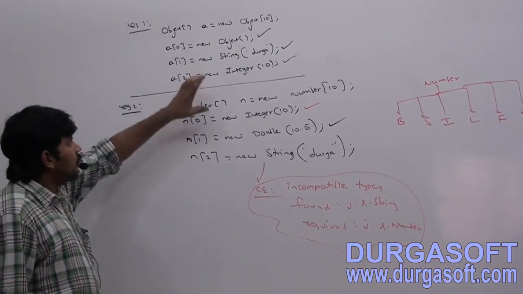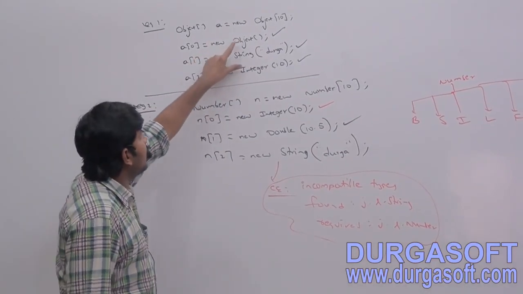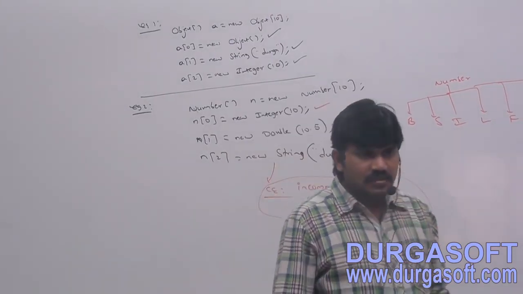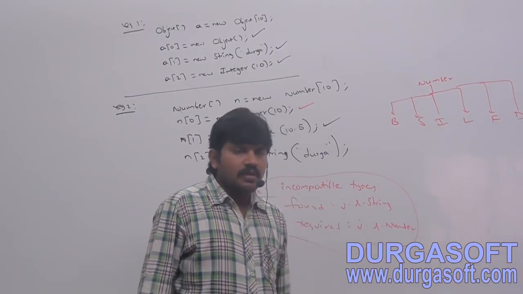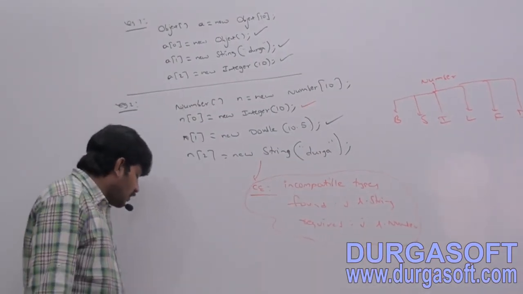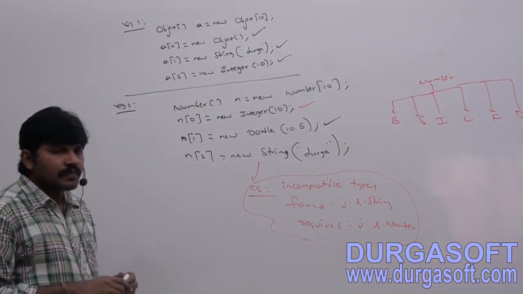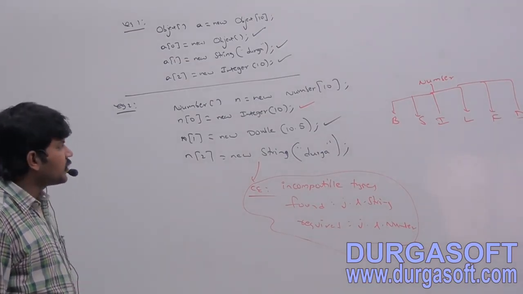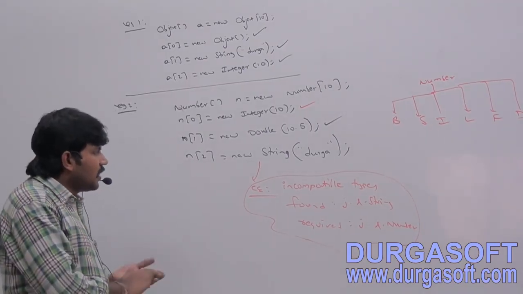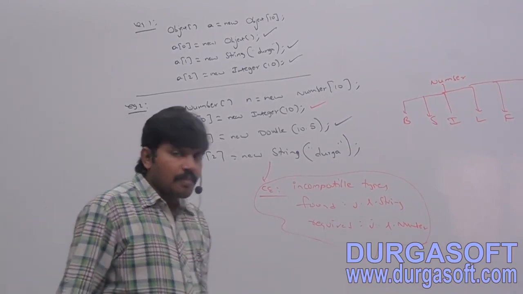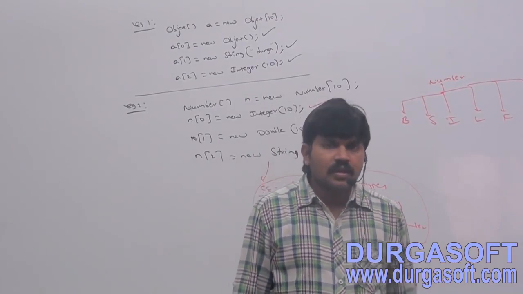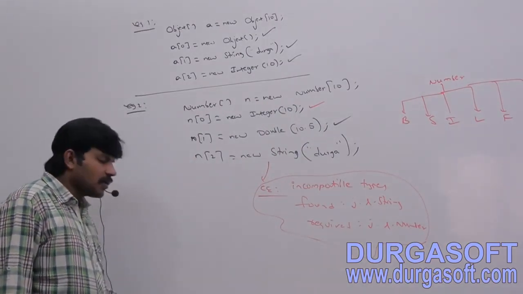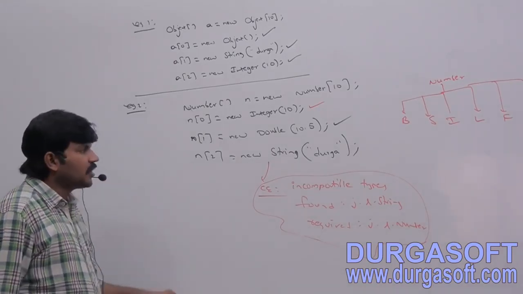In the case of object type arrays, as array elements we can provide either declared type objects or its child class objects.